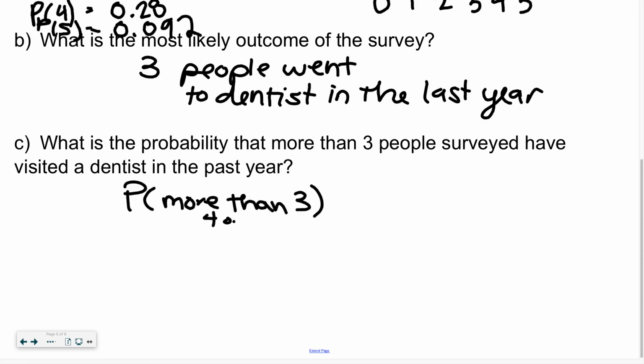That's a 4 or a 5. So I would do 0.28 plus 0.092, whatever that may be. 27.372.